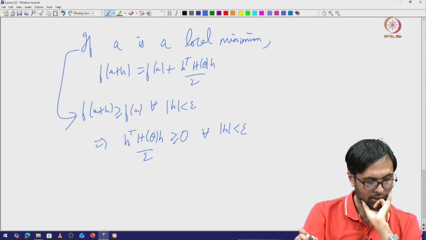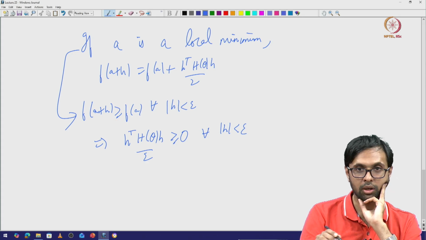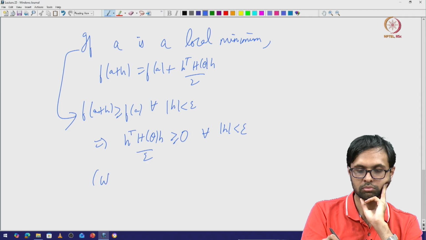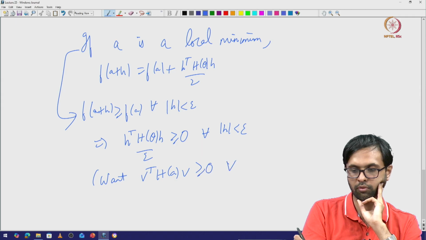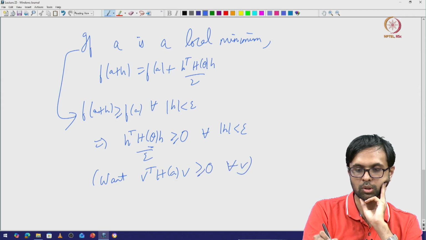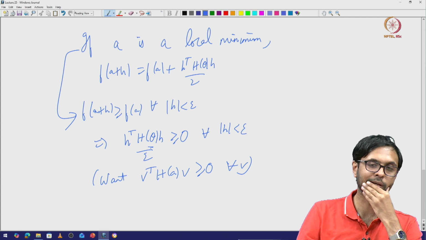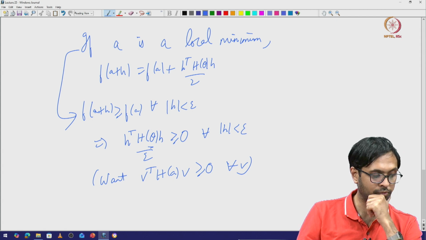Right. Okay, but what we really want is v transpose H v to be greater than or equal to 0 for all v. What we have obtained is only this. Okay, that's not good enough. So how can we prove this?